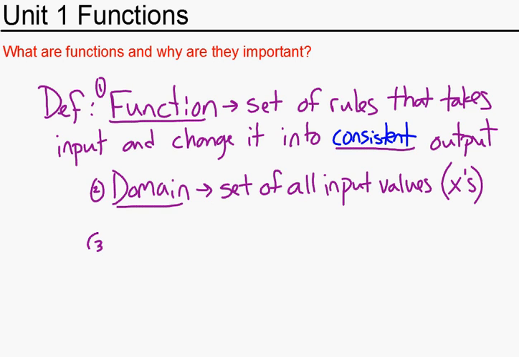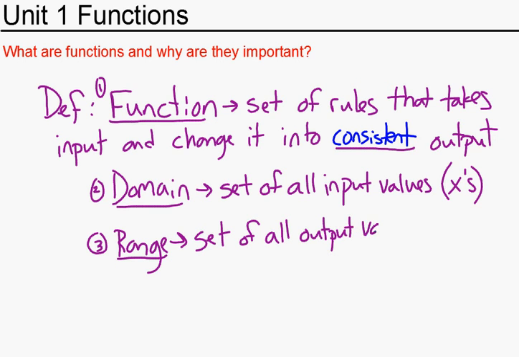And with domain, we normally think about the term range. So if domain is input, it makes sense that the range is the set of all output values, and that's usually my y's.